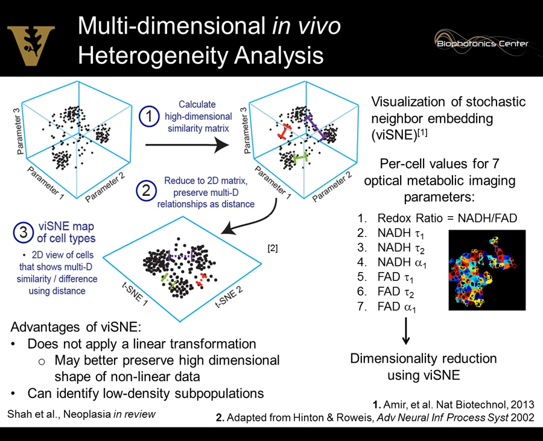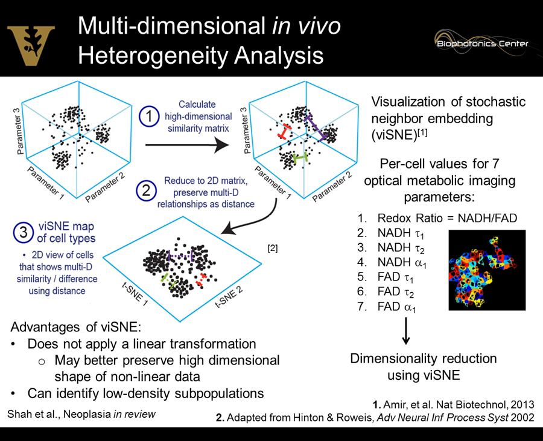We can calculate a high-dimensional similarity matrix and reduce this matrix to preserve the multidimensional relationships on 2D. So essentially we're taking the distance between different cells and maintaining that distance on a 2D projection. So this is handy because it can be used to identify low density subpopulations. So what we're looking for here is outliers. We want to find subpopulations that are outliers from the main population. And that's why this is sort of advantageous.